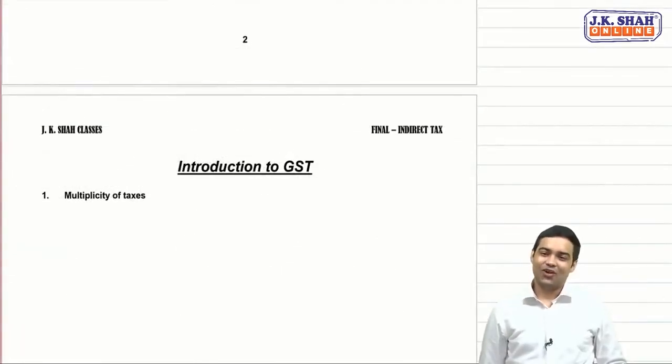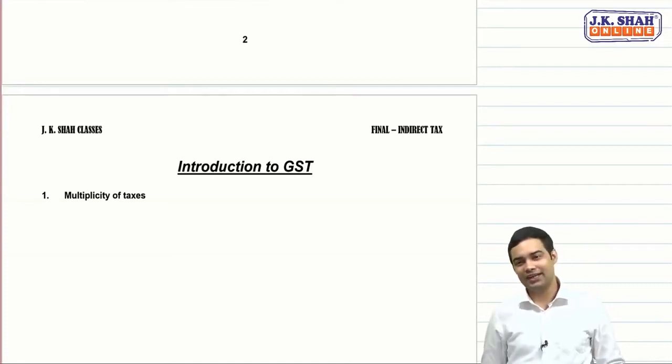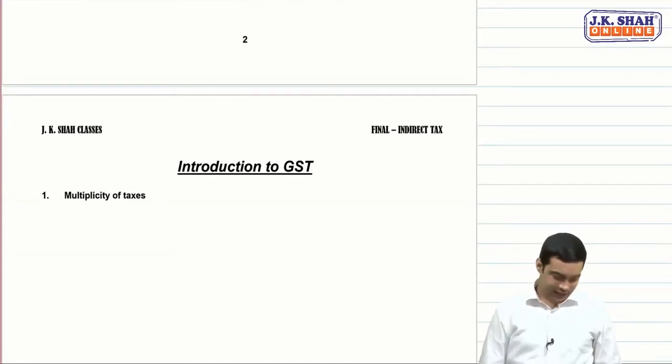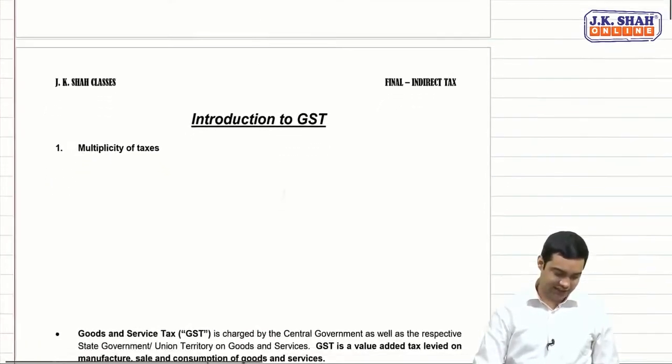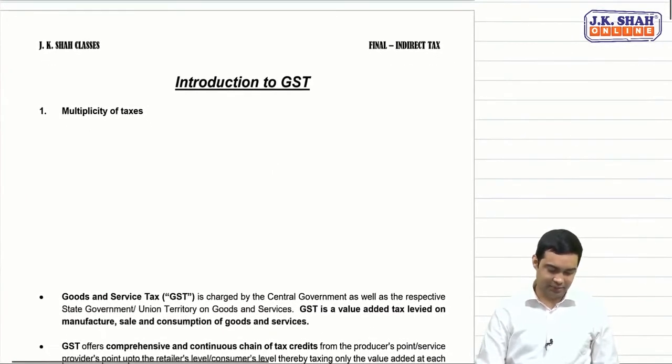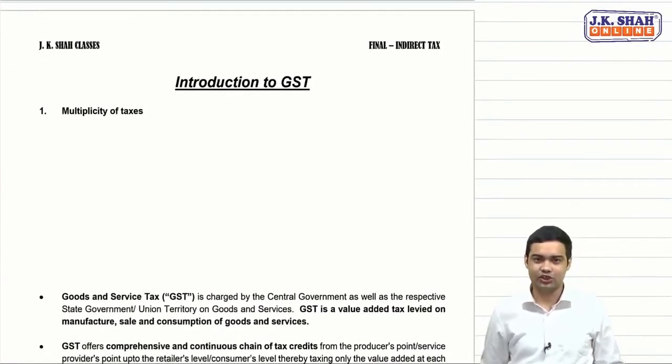Now, we came across Article 246A, 269A, we came across multiplicity of taxes. Now, let's write something. I need you to get back to your textbook. I am on page 3. I've kept this so that you can see that this is page 3. Page 3, it begins with Introduction to GST.